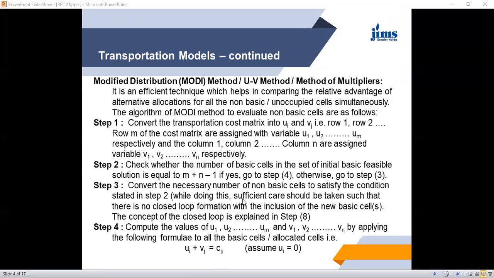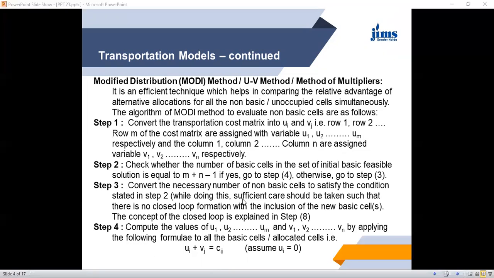Some people also write R1, R2, R3 for rows, and columns K1, K2, K3. So it is for you to decide which notation you are going to use. But here, the most commonly used convention of denoting rows by U and columns by V has been used.